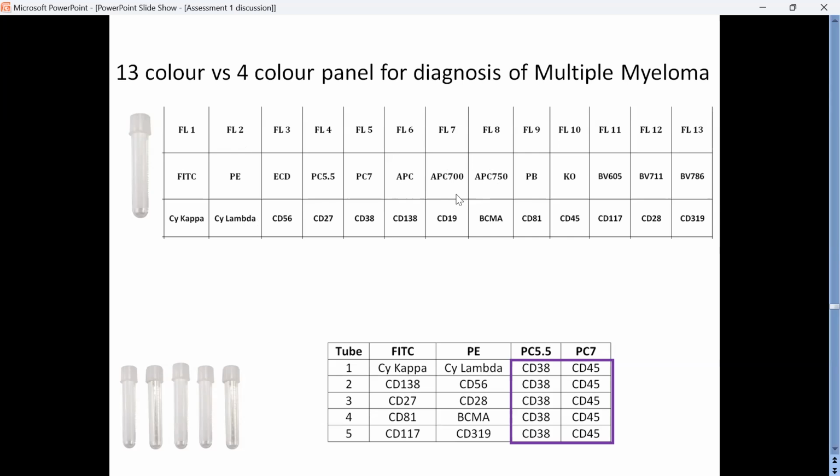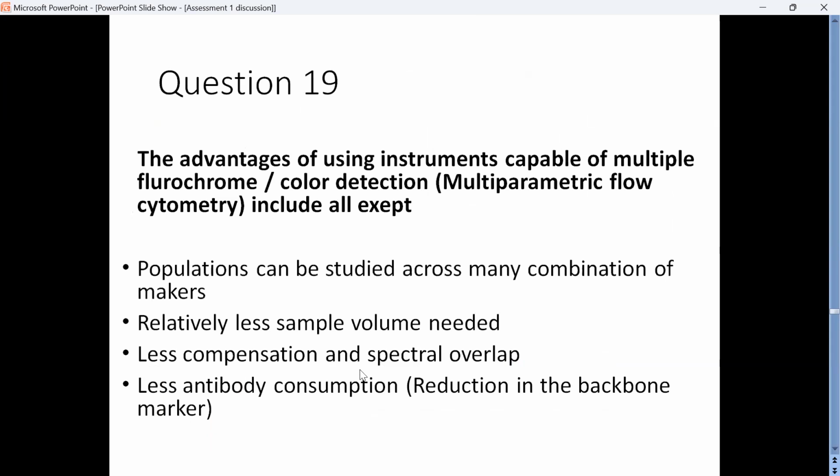So when you're using multiparametric flow cytometry, the biggest problem is spectral overlap, which we'll be discussing in the next class. What I just showed you now, the emission spectrum of one fluorochrome will spill over into the other fluorochrome detector. So you will get false signals and you need to correct it by compensation. So the answer for this question is less compensation and spectral overlap, which is basically not an advantage but a disadvantage with multiparametric flow cytometry.